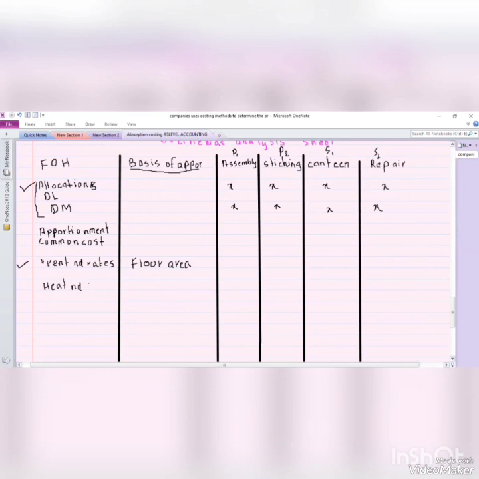So heat and light. We have a fixed overhead which is heat and light, and the type of fair base we can use for this apportionment is also floor area.